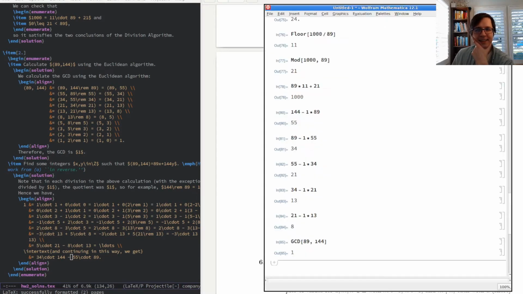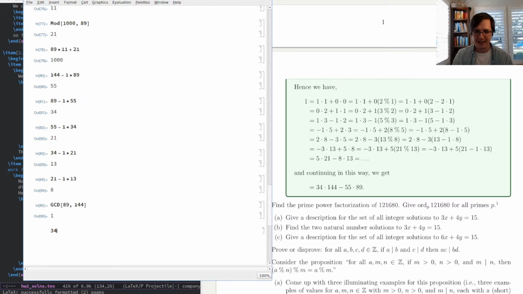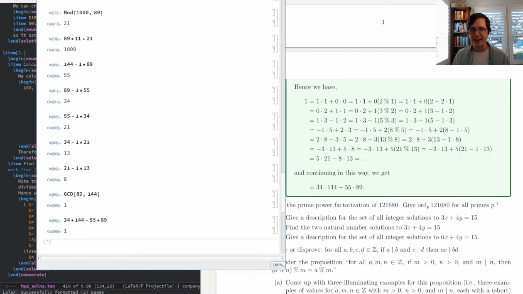Let's check. So 34 times 144 minus 55 times 89? Yes, 1. Okay, so it's a lie that we continued in this way, but if we continue in this way, this is what we have to get, which we could prove by actually carrying it out.